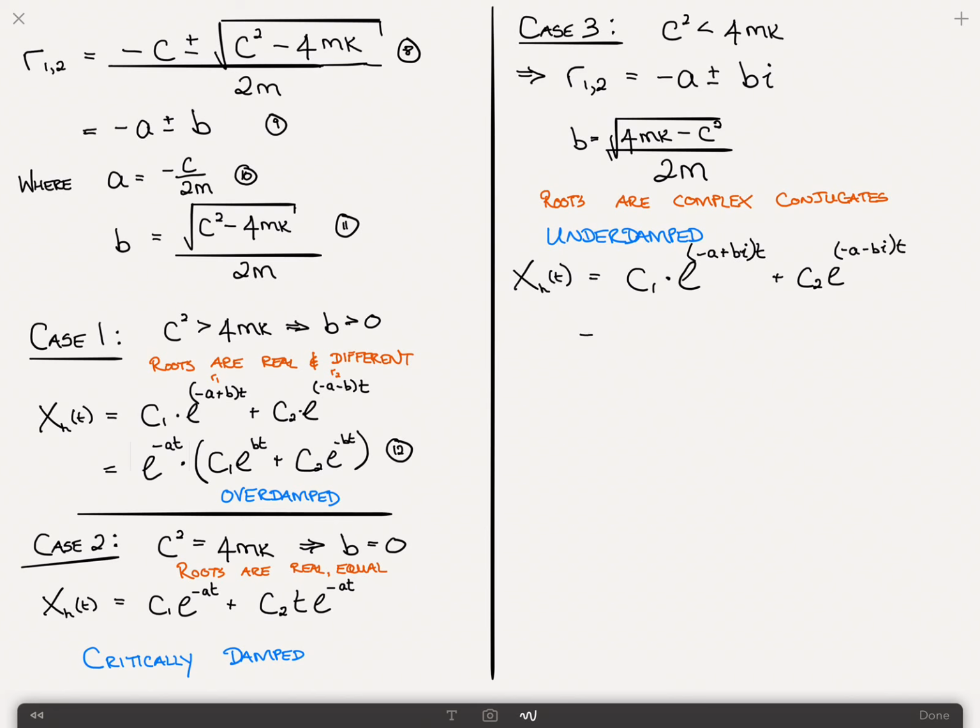I could then also rewrite that as e to the minus at times c1 e to the i bt plus c2 e to the minus i bt.